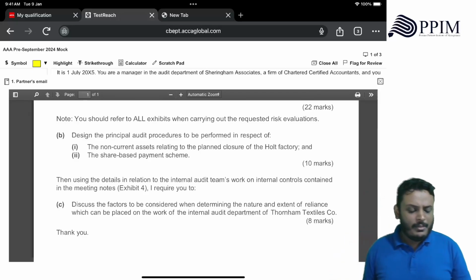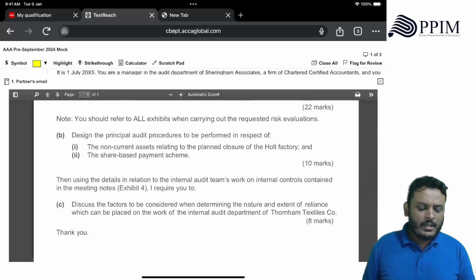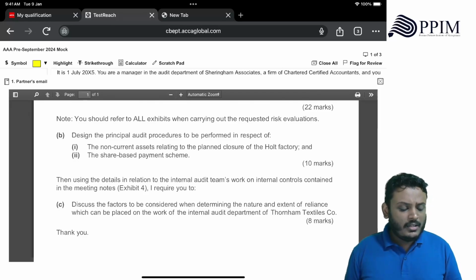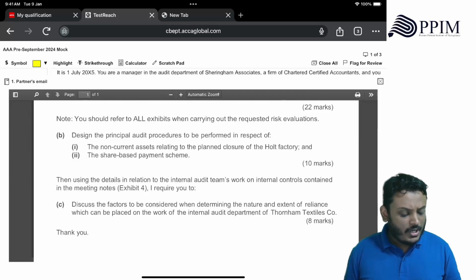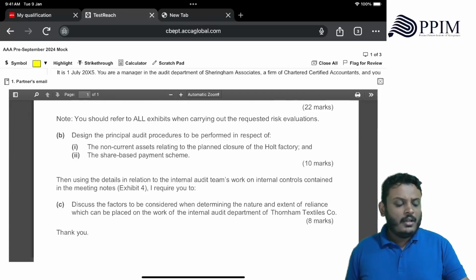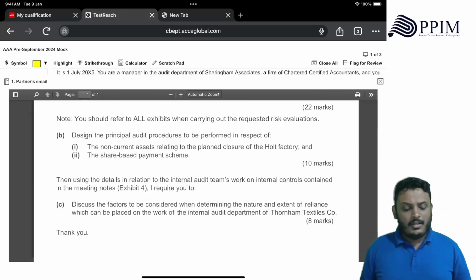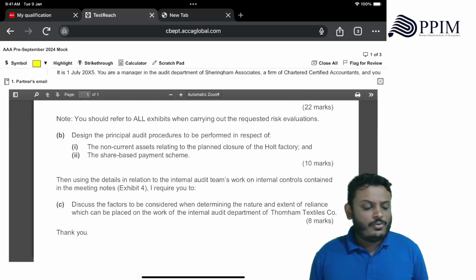Active steps are taken by management to sell that particular asset. And also you can't calculate depreciation on that, right? So all these things you should take into consideration when we are identifying the non-current assets relating to planned closure of whole factory.